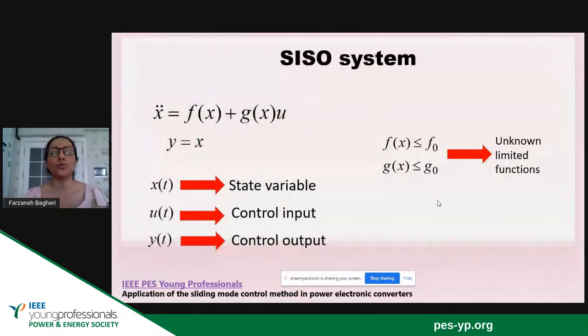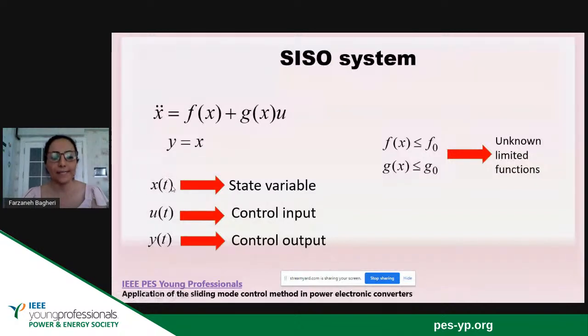So let's go through a very simple example to clarify the sliding mode control method. It is a very simple system, a second order system, single input, single output. It means that we have only one input, we call it U, which is the control input of the system, and we have one output, which is Y, the control output of the system.